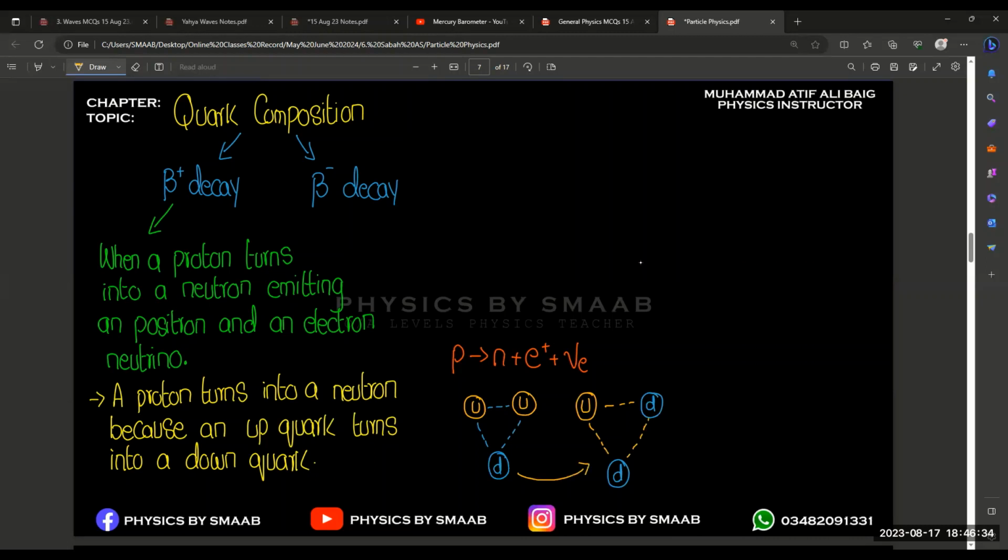So this is the conversion that takes place during beta positive decay.